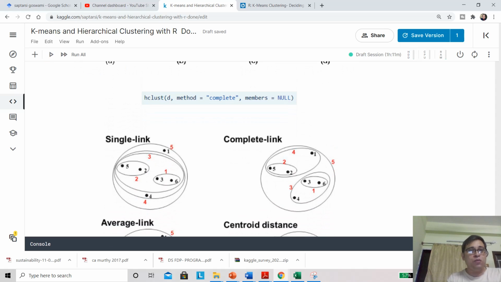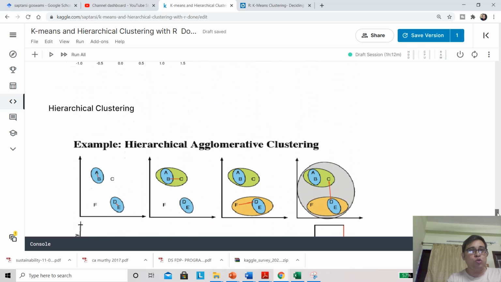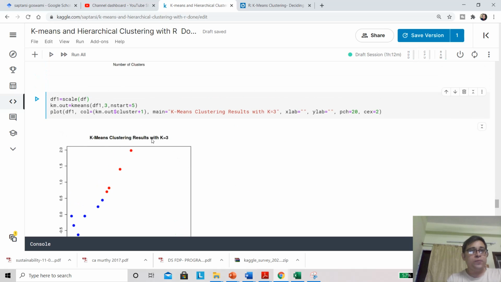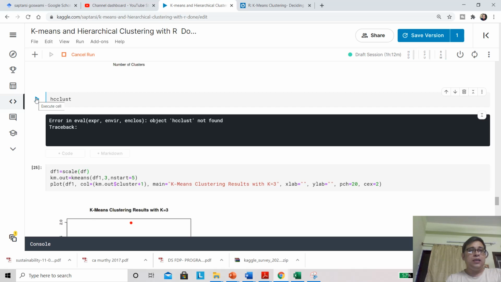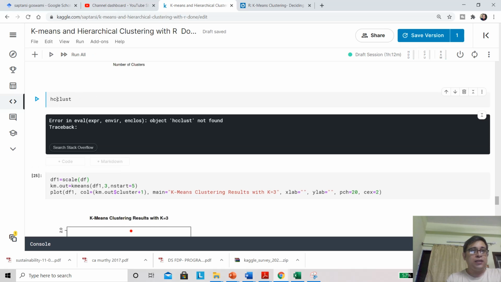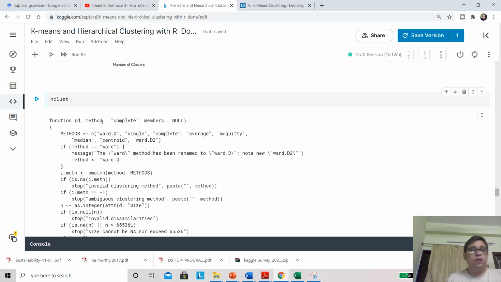So if I quickly want to show you this, let me take a code block, and if I do hclust, right, then you will see that in methods you can use different types of methods that are there.